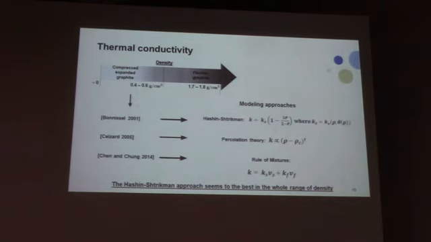Going ahead, there are three approaches basically in literature that can be found on how to model this thermal conductivity, which is fundamental to understand the microstructure of this material. The first approach, which is the Hutchins-Strickland model, is for two phases material, as in this formula. The second one is a percolation theory, and the last one is the well-known rule of mixtures.